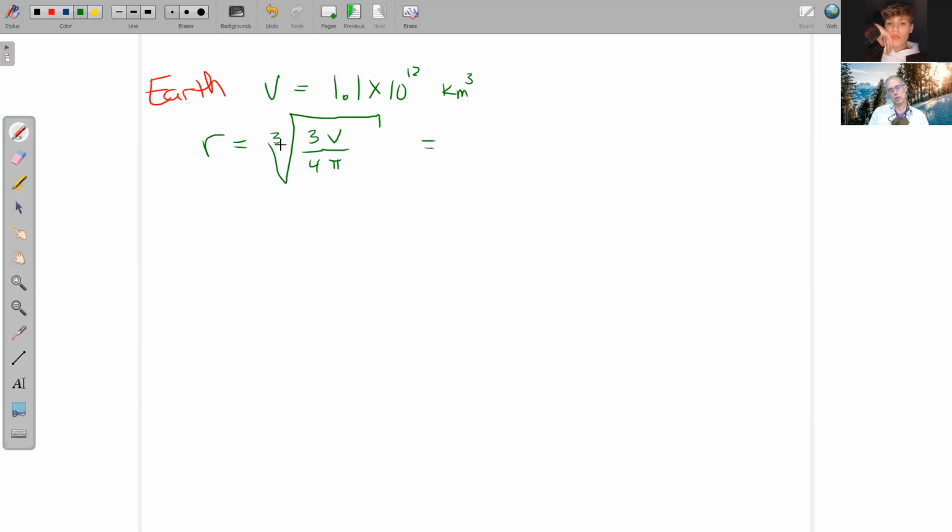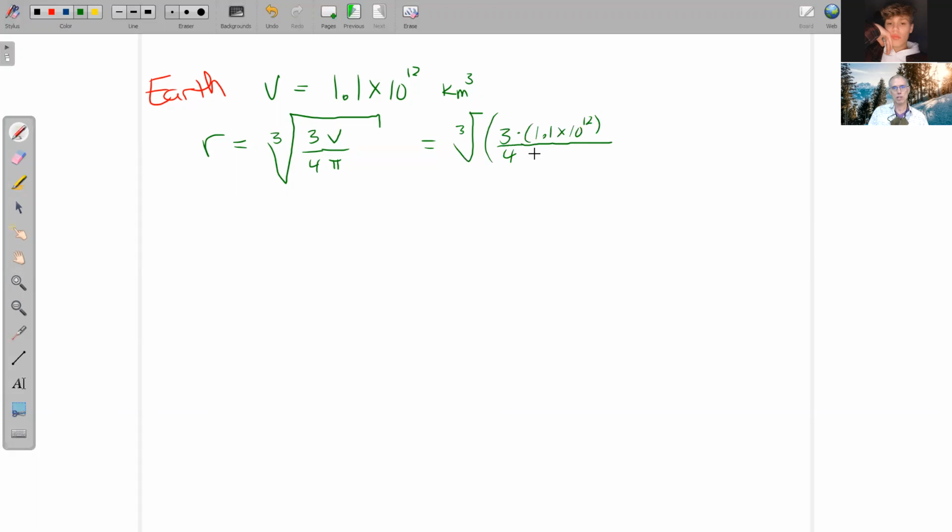And again, if your calculator doesn't have the cube root, I'll show what to do. So I would use the cube root button on the calculator. And sometimes that comes with parentheses. And then I'd have 3/4 times in the top parentheses 1.1 times 10 to the 12th, close parentheses for the numerator part.